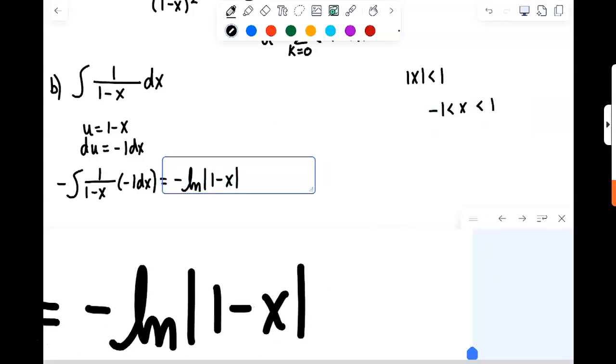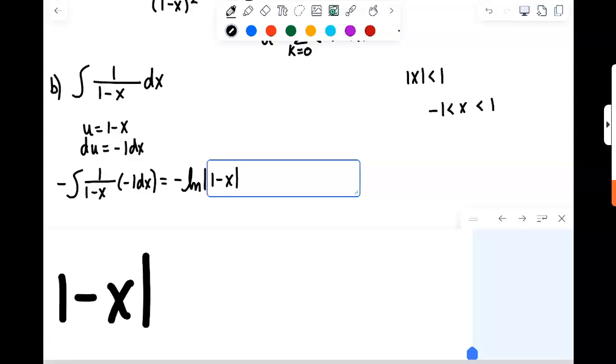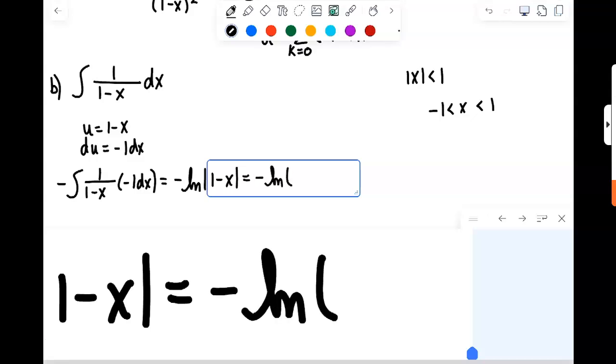So if x is falling between 1 and minus 1, in other words, x is smaller than 1, then the stuff inside the ln, 1 minus x, is always positive. So we can actually drop this absolute value and just have negative ln of parentheses 1 minus x.